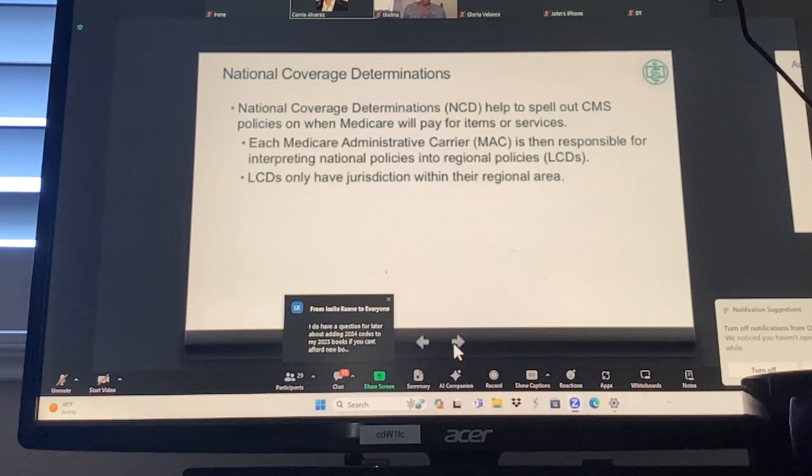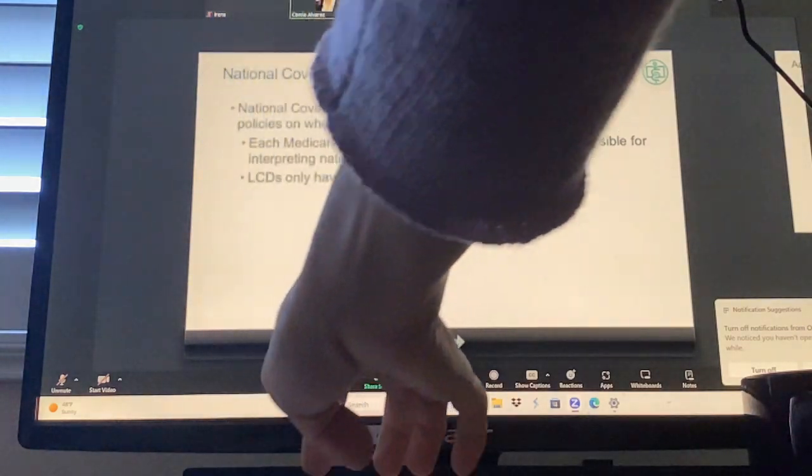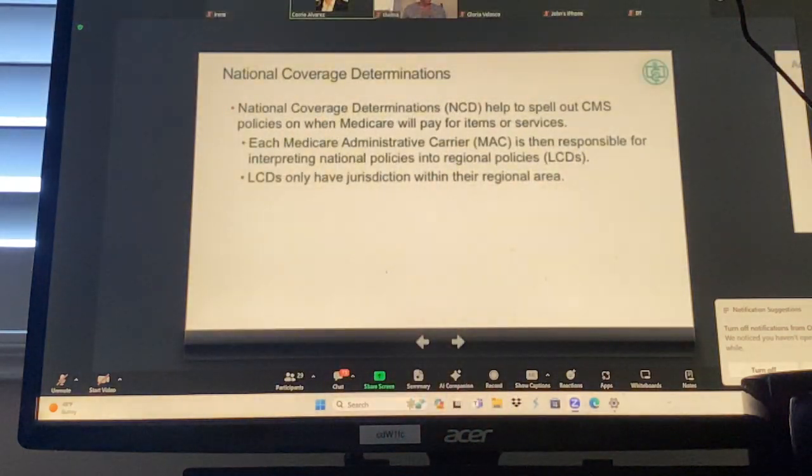And then locally, our MACs are independent Medicare administrative carriers, and they process the claims in certain regions. So for example, in California, we have Noridian that pays and processes our claims.